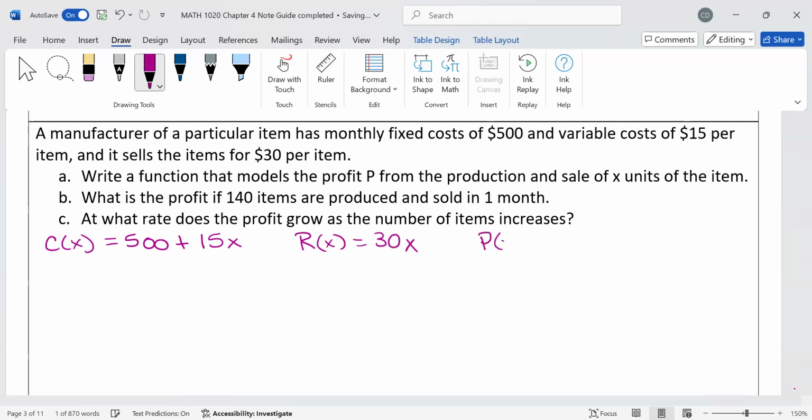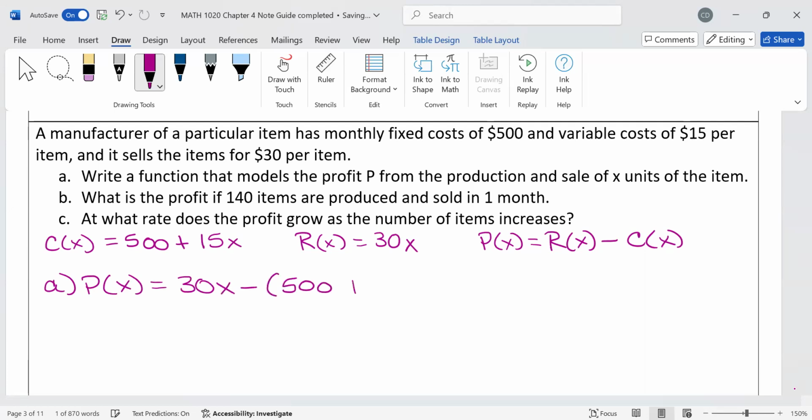So profit is the money you have coming in minus the money that you are putting out. Okay. So the profit is the revenue minus the cost. But when you subtract that cost function, make sure you put it in parentheses.